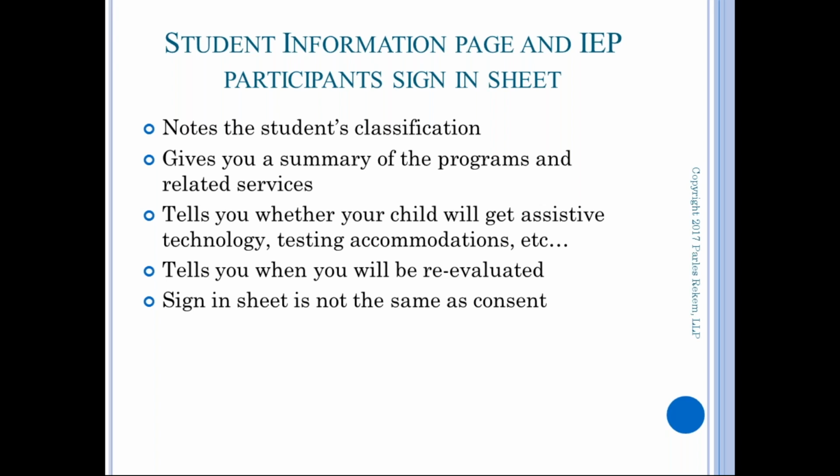Then you can see the summary of the special education program and related services. It's a nice sort of cheat sheet to see exactly what your child's program looks like. Under initial eligibility information is when you were referred to the child study team, when you consented to evaluate, when your eligibility was determined, and when you gave consent to implement the actual IEP. You'll also have important information about when your child will be reevaluated by the team, which occurs every 3 years.